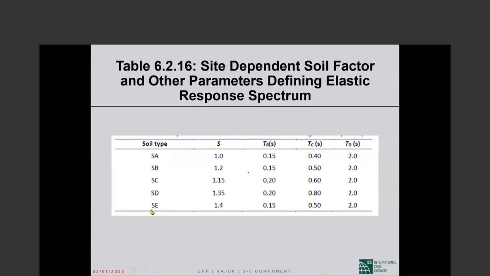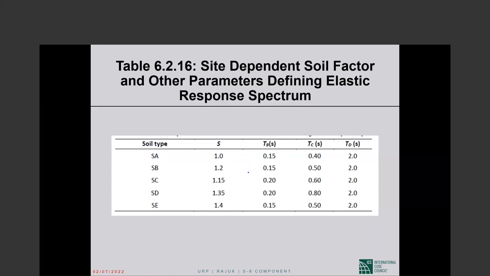So for the soil types 1, 2, 3, 4, 5, you have the S factors given, which are essentially the short period site coefficients, and you have those milestone, the transition points given.